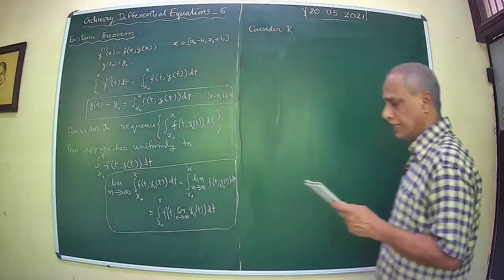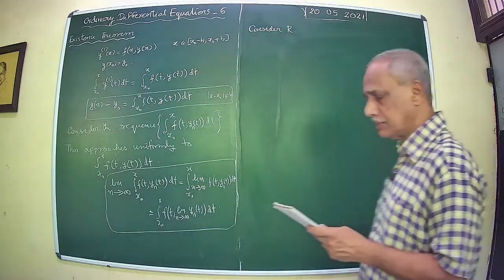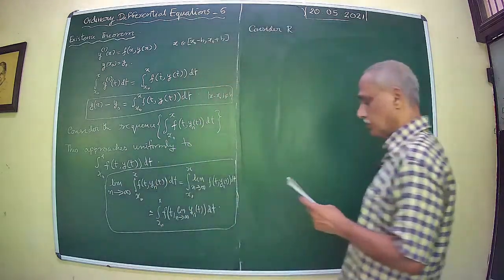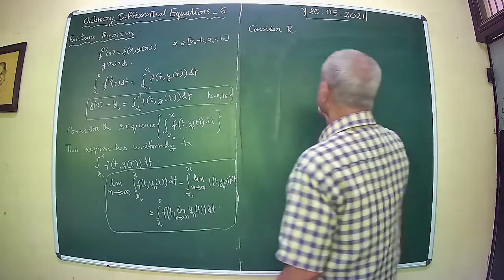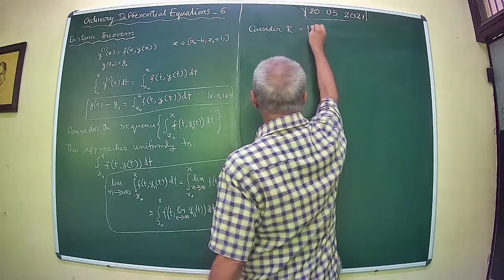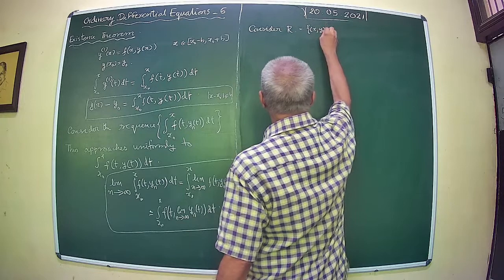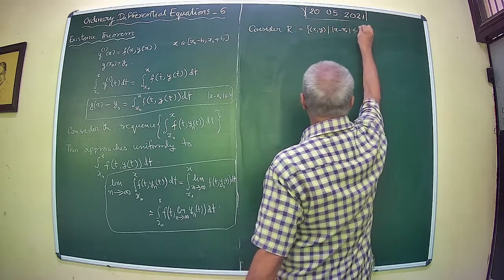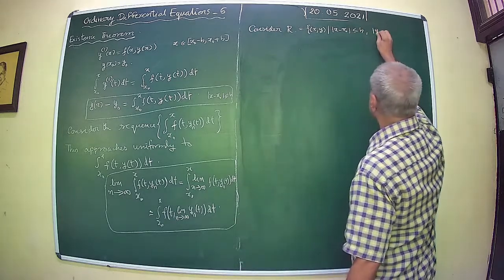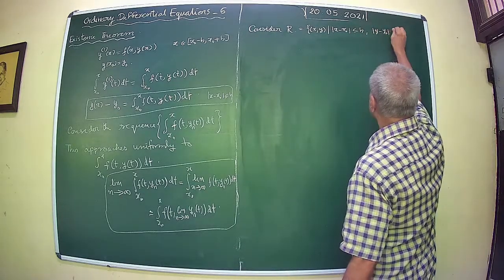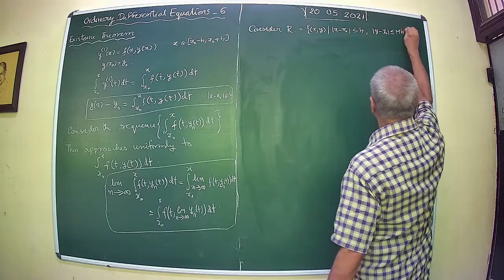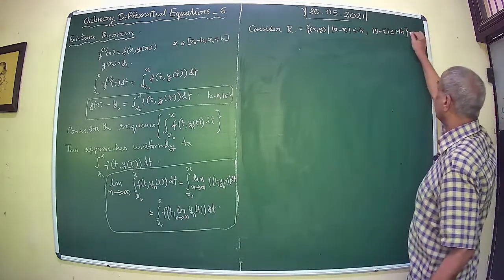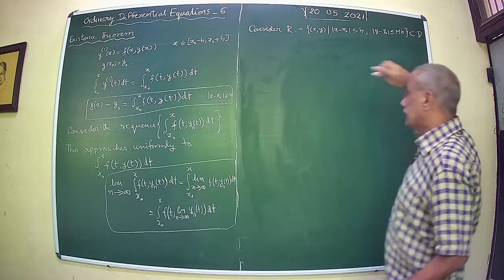That is |x minus x0| less than or equal to h, and |y minus y0| less than or equal to Mh. This is of course contained in D, and it is compact.